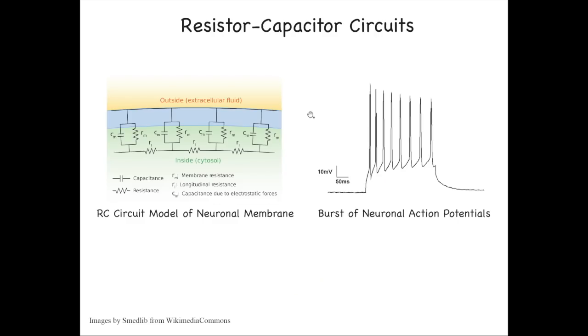And finally, just a word for those of you interested on why we study RC circuits. It turns out that there are a lot of natural phenomena that can be modeled by these RC behaviors. One important one is the RC circuit model of a neuronal membrane. Right?